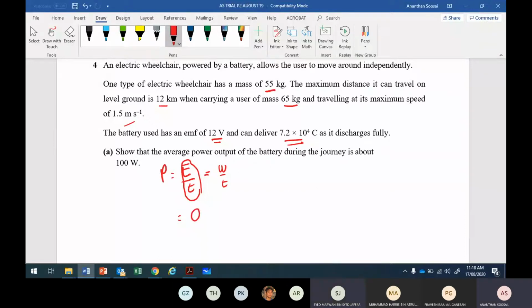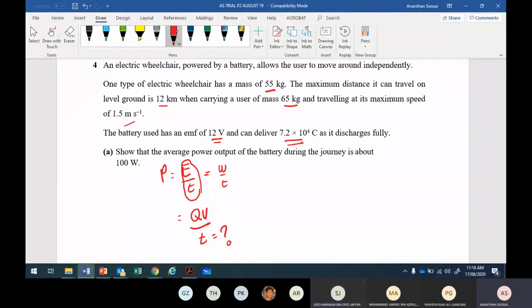So E should be QV. Q times V can give you the energy it has. But we need to get the time. We don't know the time. How long has this energy been dissipated? So how do you find the time?